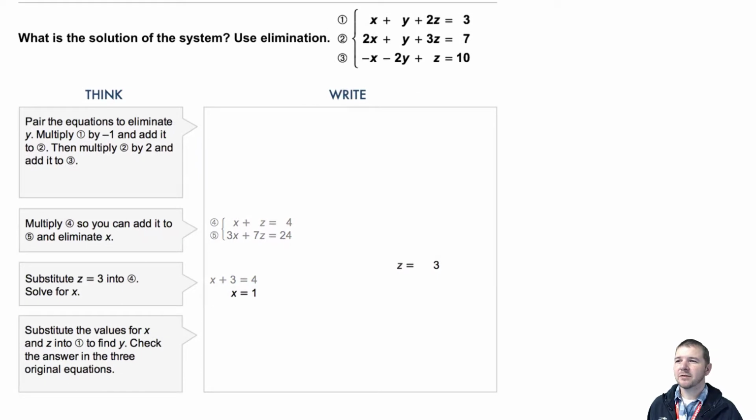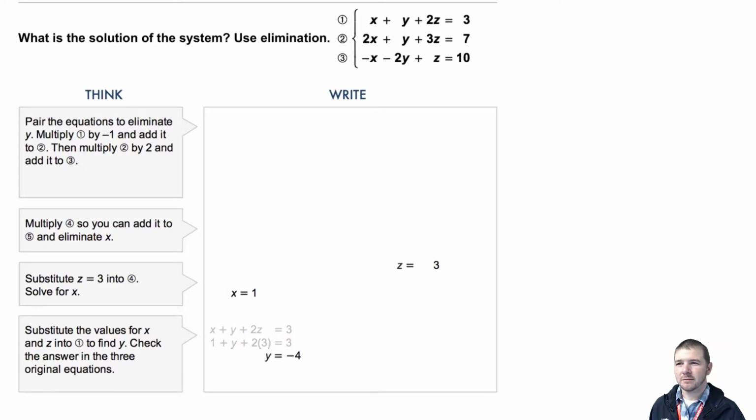Then think, substitute the values for x and z into one of the two original equations, in this case equation 1, to find y, and check the answer in the three original equations. So substituting 1 for x and 3 for z into equation 1, we find 1 plus y plus 2 times 3 equals 3, and solving we find that y equals -4.